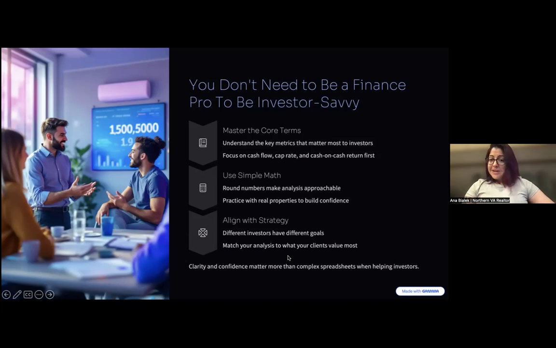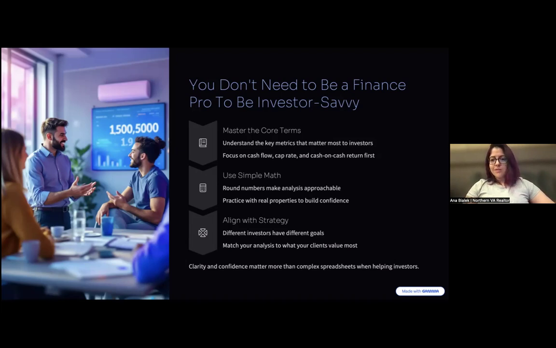And like I've said repeatedly, align with the strategy. Different investors have different goals. So make sure that your analysis and the metrics that you're presenting align with your clients' goals so that they can understand the full picture of the property they're picking up and ensure that their money is working for them as much as they would like it to.